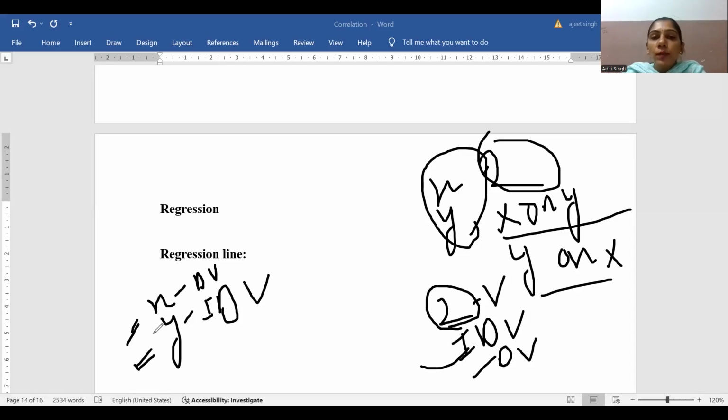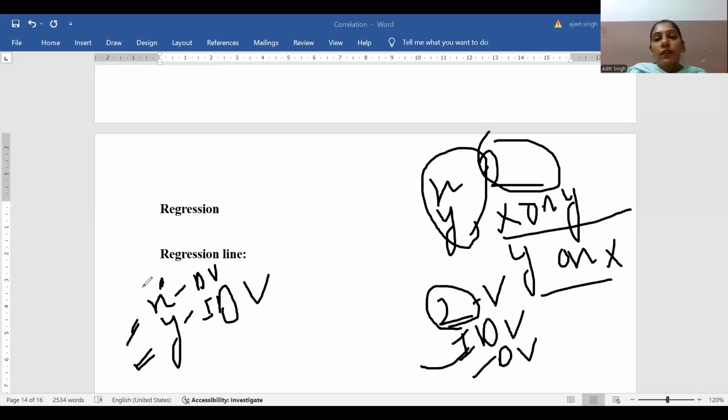This is assumed by the person who is going to calculate the regression analysis. If the value of x is given and the value of y is to be predicted, then x will be the independent variable and y will be the dependent variable. Suppose we have two variables x and y.